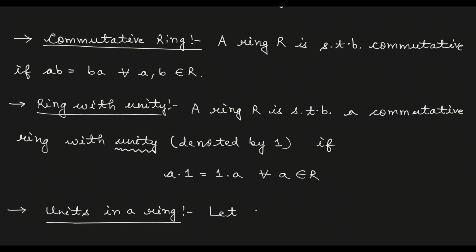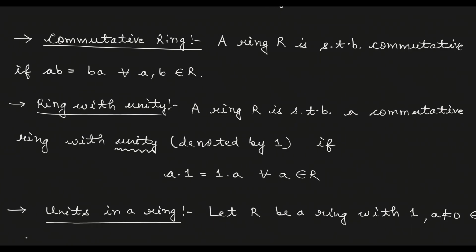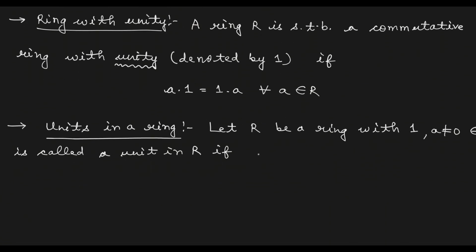Let R be a ring with unity. a is a non-zero element which belongs to this ring R. Then this is called a unit in R if a inverse belongs to ring R. Means any element is called a unit if its inverse also belongs to ring R.